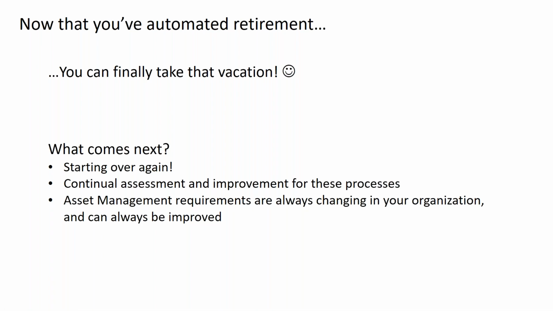That same continual service improvement idea from ITIL and service management applies to asset management and related services as well. These are always changing, they can always improve. So take a look at what's not working and how it can be improved, and, to the point in our earlier webinars, figure out why it isn't working. Is it a process breakdown? Is it maybe that the script we wrote isn't working?